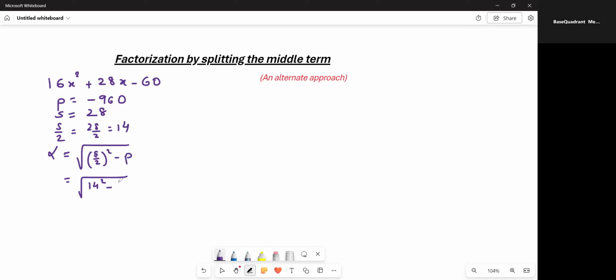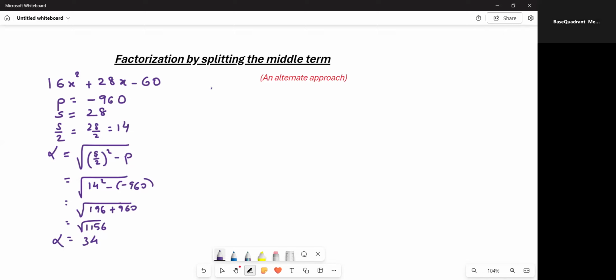So minus minus 960. This is the square root of 196 plus 960, right? Which is the square root of 1156, which is 34. Okay, so alpha is 34.